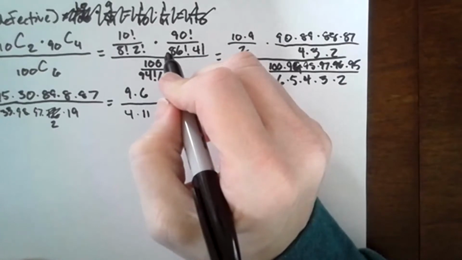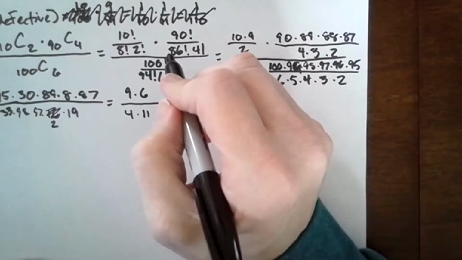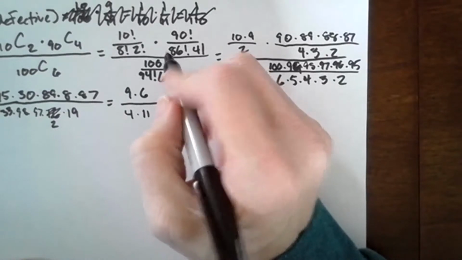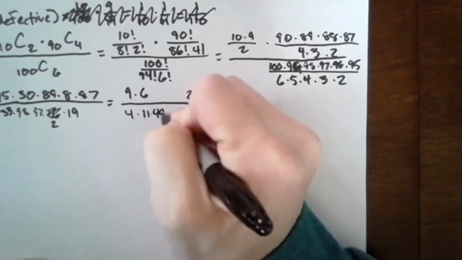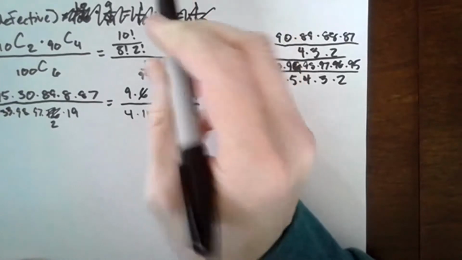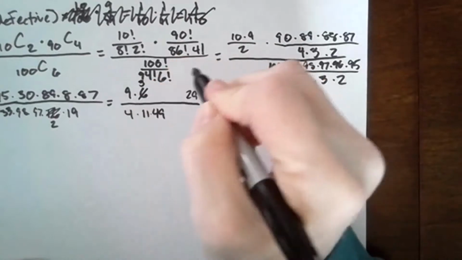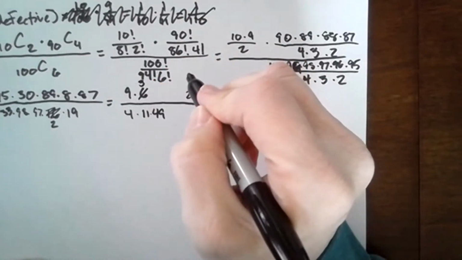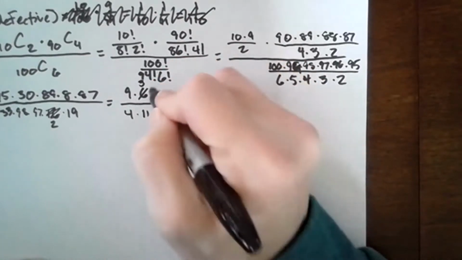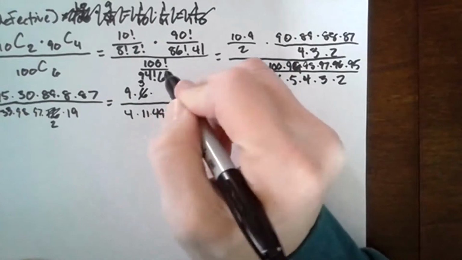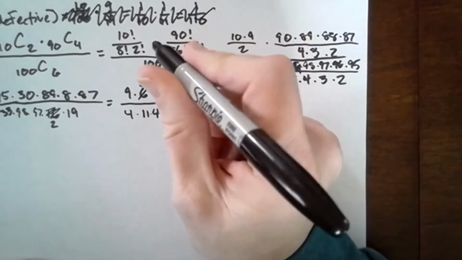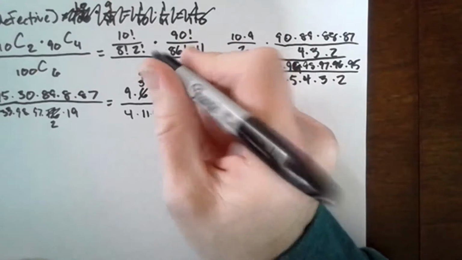98 is 2 times 49. I don't have any multiples of 7 here, so that doesn't matter too much, but we can get rid of the 2 at least. Leaving a 3 there. Okay, 89 is prime.